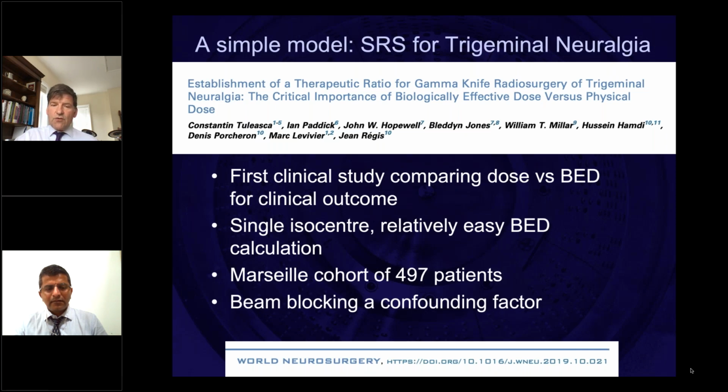It was a Marseille cohort of 497 patients. Beam blocking was a confounding factor, as was acute response and transient recurrence. So we had to be very careful looking at this data to avoid bias in the study.